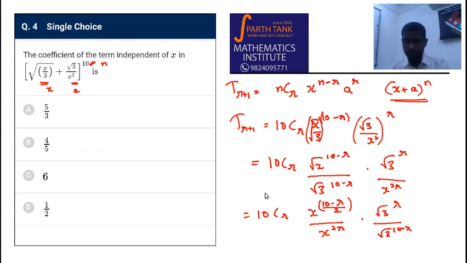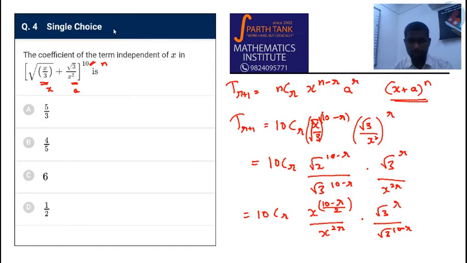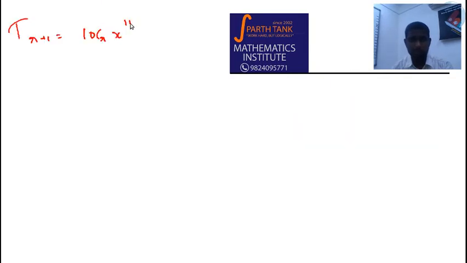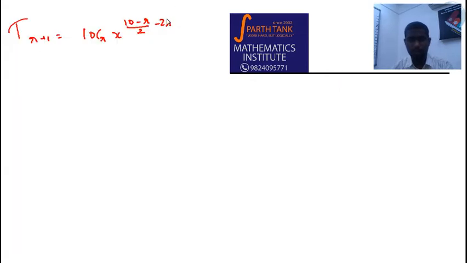Okay, so what does this term become? (10 minus r)/2 minus 2r, right? So T(r+1) is 10Cr x raised to (10 minus r)/2 minus 2r, and then root 3 to the power (10 minus r) times root 3 to the power r minus (10 minus r).